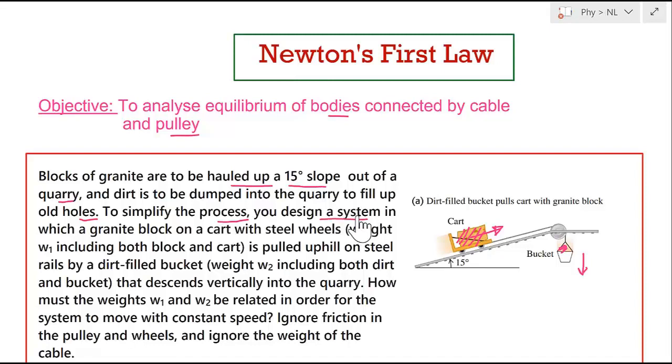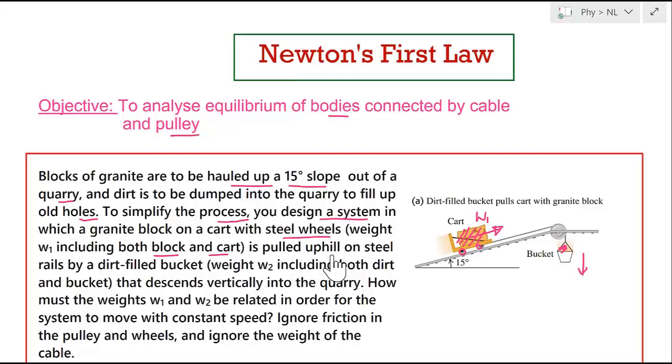You design a system in which a granite block on a cart with steel wheels, weight W1 including both cart and block, is on steel rails. So the weight of the cart plus wheels plus the granite block all comes out to be W1.